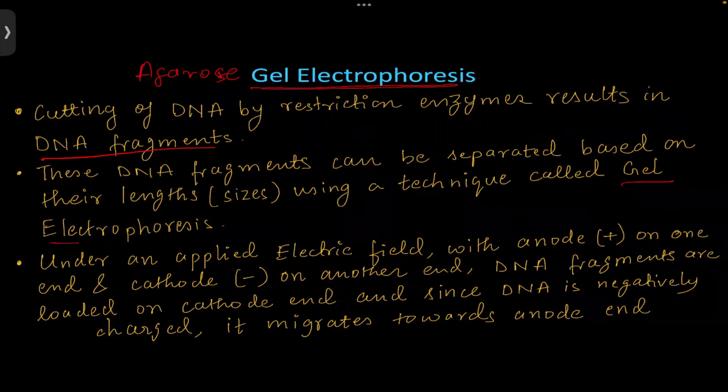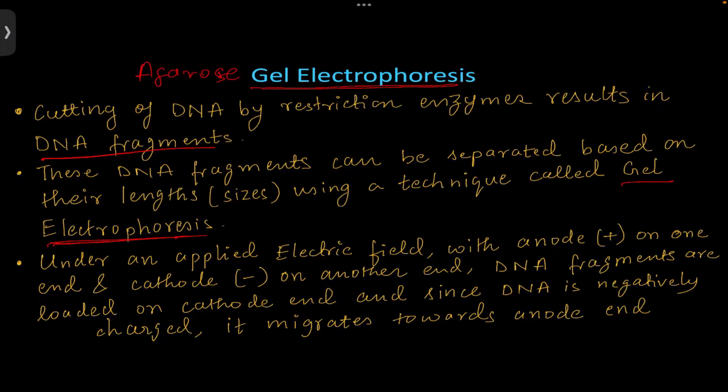Okay, so how does this technique work? You know that the backbone of DNA consists of phosphate groups, because of which the complete DNA molecule has a net negative charge. Okay.